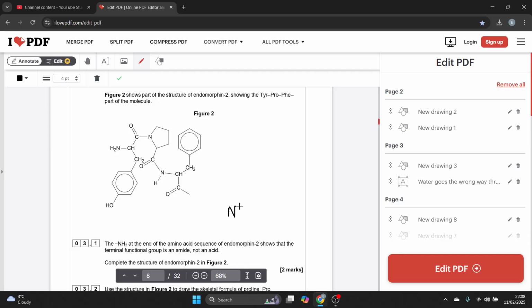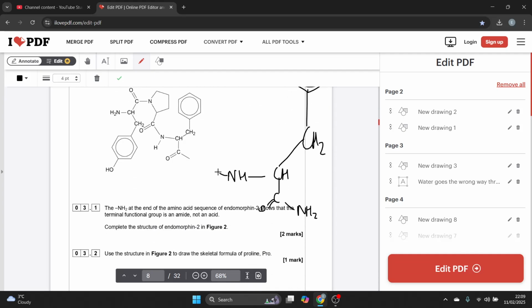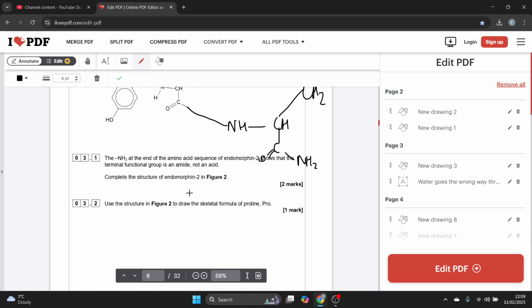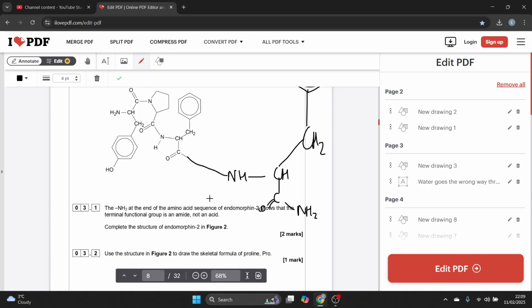Okay, so I'm going to have an NH here, CH here, C double bond O, NH2, CH here, CH2, and then your phenol group, your benzene group, sorry, attached to it. And there you go.